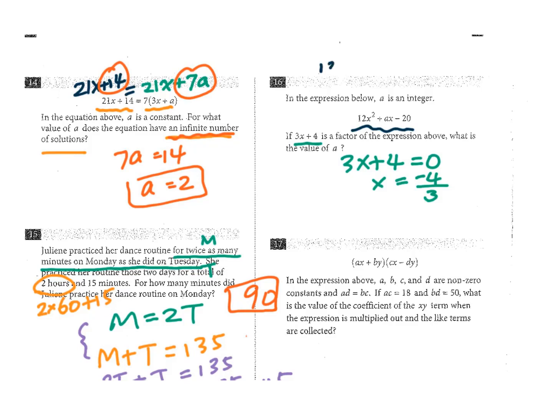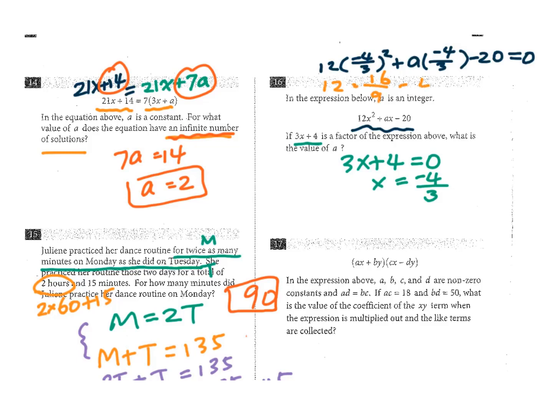Therefore, we got 12 times negative 4 over 3 squared plus a times negative 4 over 3, minus 20, equal to 0. We got 12 times 16 over 9.